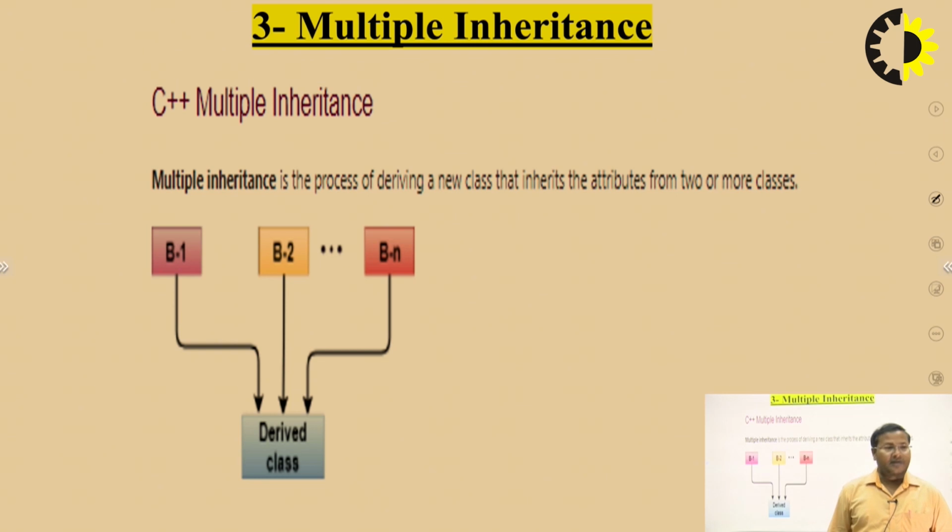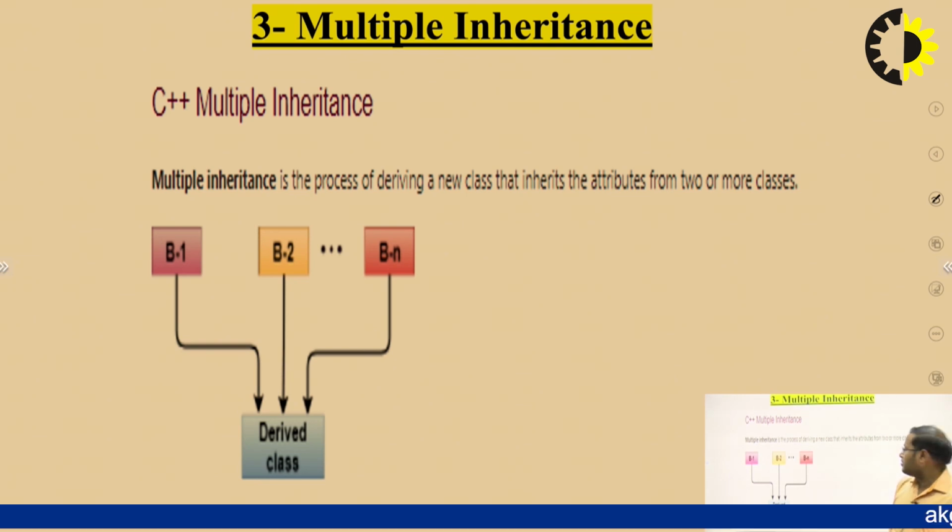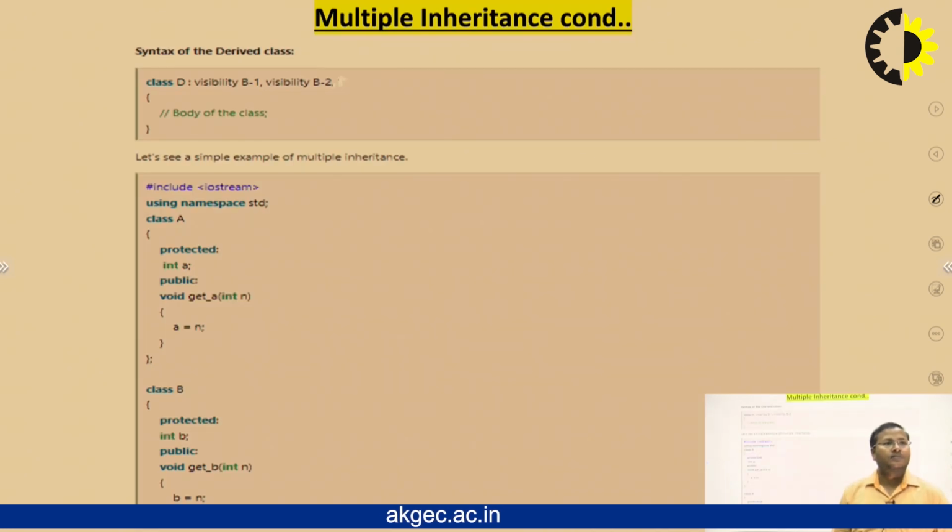Now multiple inheritance. Multiple inheritance is the process of deriving a new class that inherits the attributes from two or more classes. Here I am representing a derived class which inherits the features of the first class, second class, third class, and many more. Here the syntax is written.